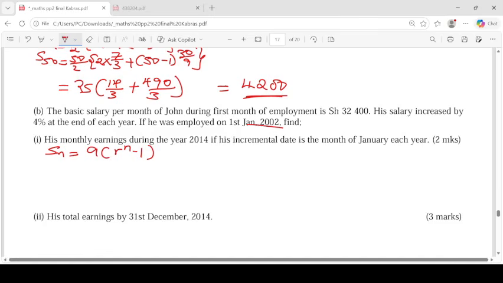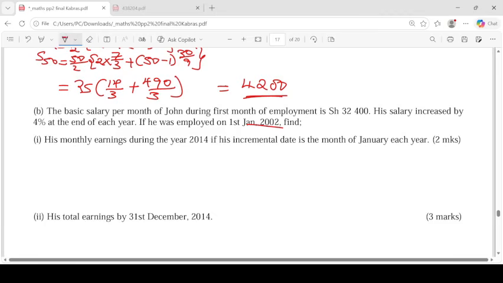So this will mean, when we look at it very well, we are not looking at the summation. They want his monthly salary, monthly earnings during that year, not the sum. That's where I was not getting right. So they want the nth term. That was the tricky part in it, to understand it, but now we have it with us.